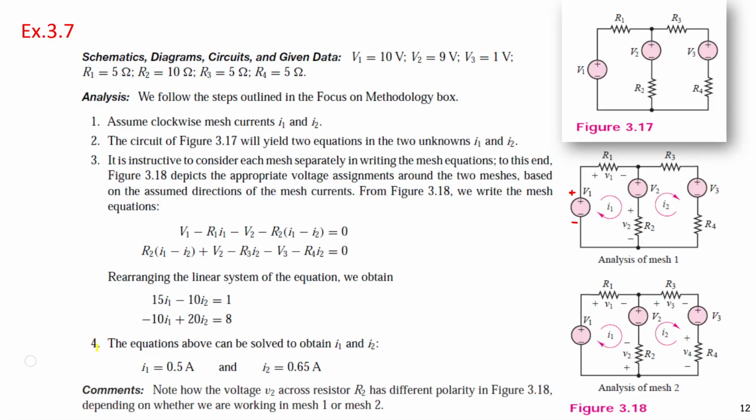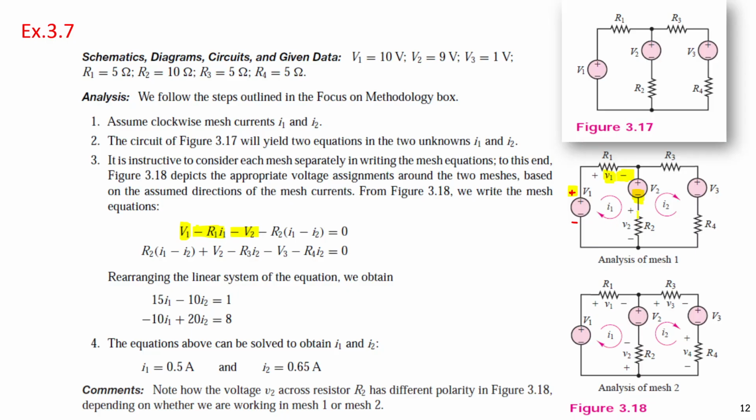So plus V1 here, and minus I1 into R1, which is the small v1 voltage here. And minus, how much for this voltage? It's V2, but it's a negative value, right? Coming out from negative.